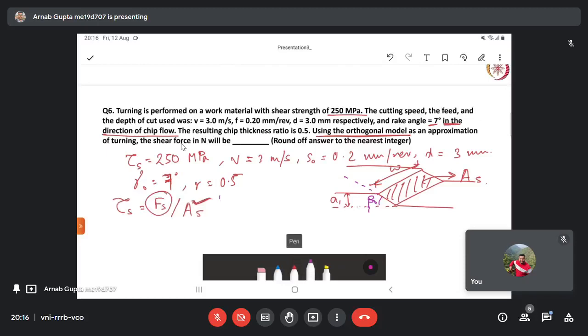So AS is W into A1 by sine beta naught. I told you that A1 and W are related to the input parameters, speed and depth of cut, and we already discussed it in the last class, I think.